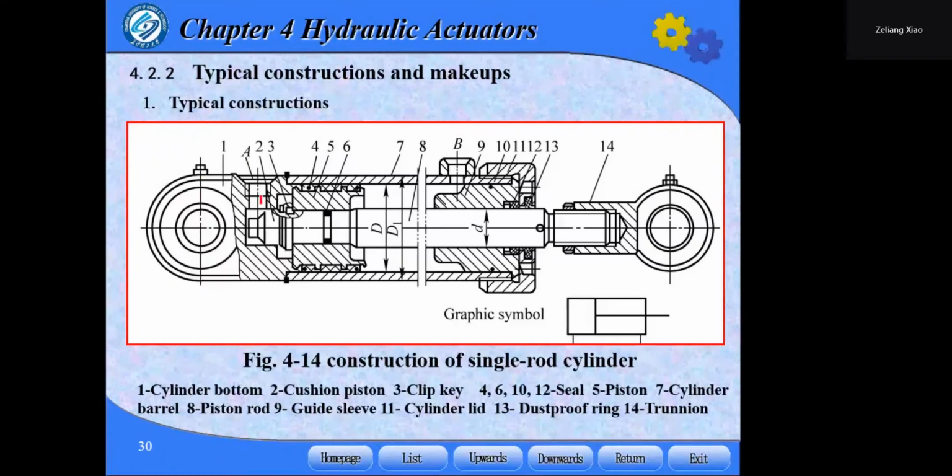One is the cylinder bed, two is the cushion piston, three is the complete key, and 4, 6, 10, 12 are seals.